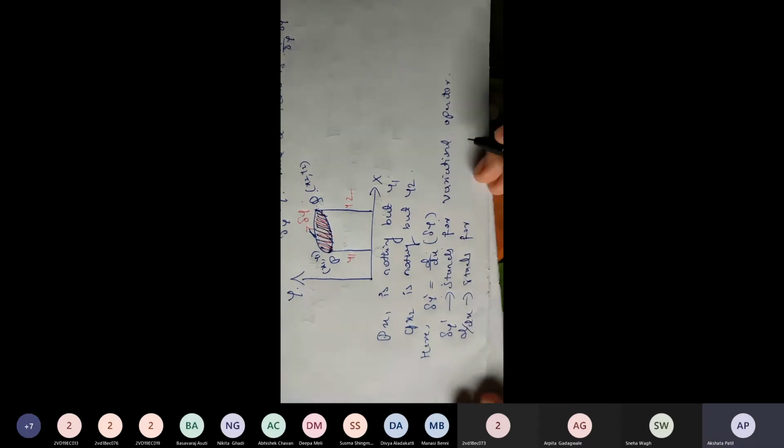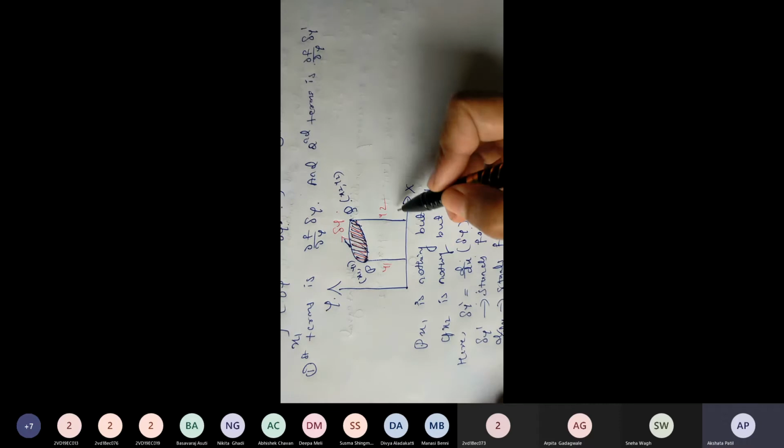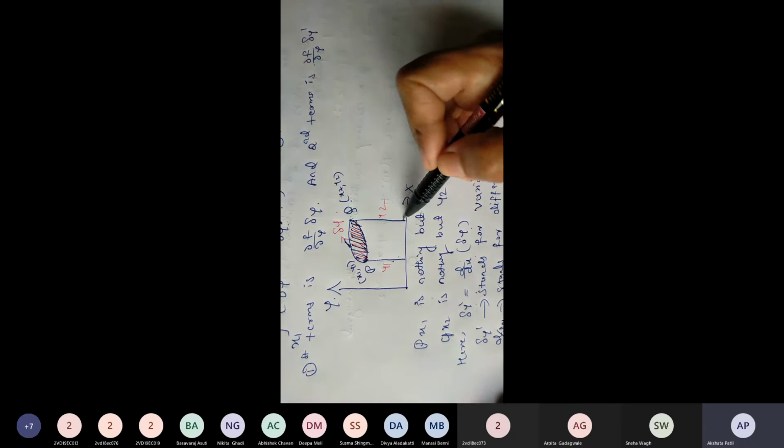Delta y dash stands for the variational operator, and d by dx stands for the differential operator. So by using this figure, P of x1 is y1 and Q of x2 is y2, and by using the property of variational problem which I explained in the definition of first variation, the variational operator and differential operator are commutative.